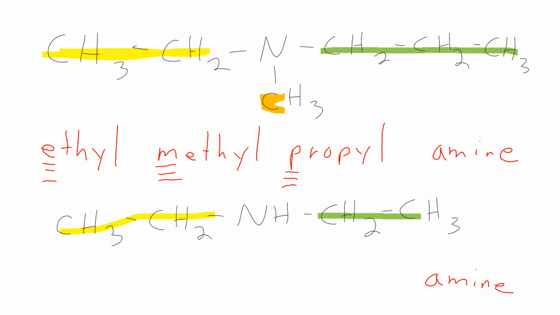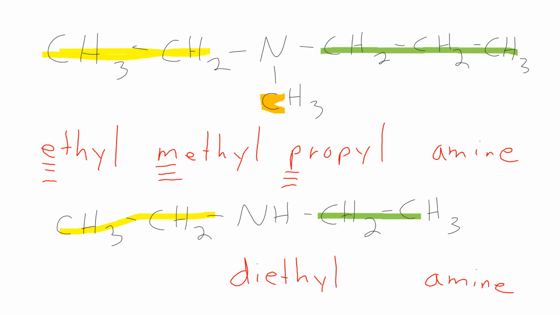On the right-hand side, I also have a 2-carbon chain. That would also be ethyl. So instead of saying ethyl-ethylamine, we can shorthand this. We can condense that ethyl-ethyl into diethyl. So this bottom structure will be diethylamine.